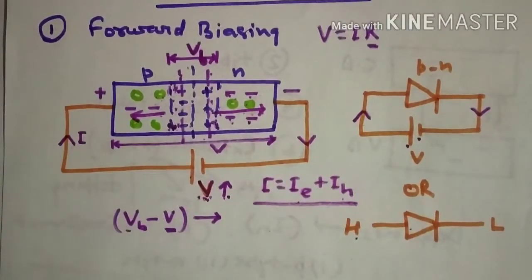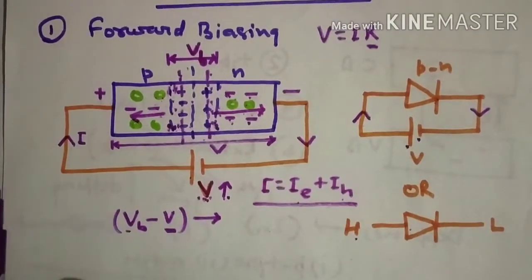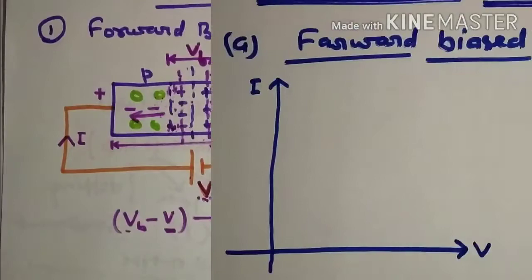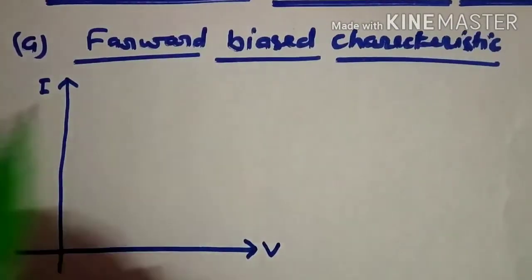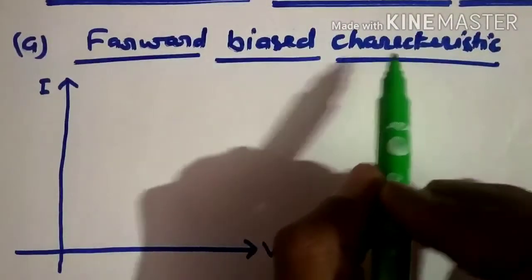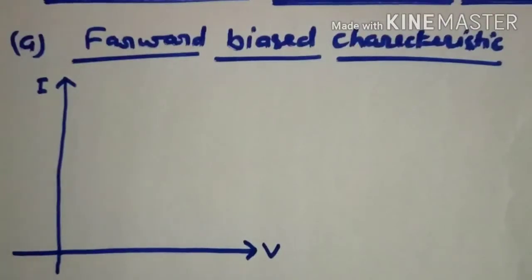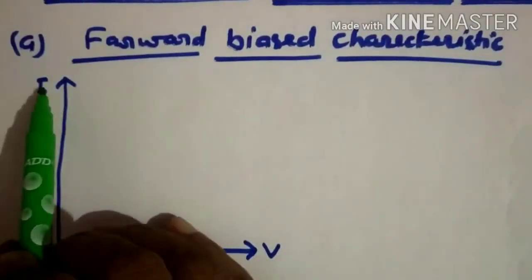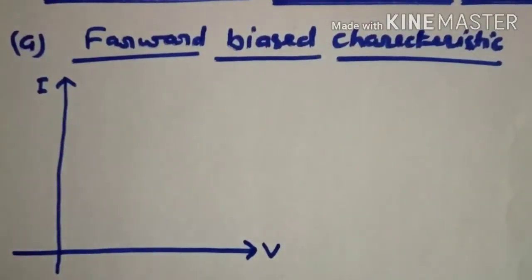That is, now we are going to study the forward bias characteristic of the PN junction diode. The forward bias characteristic of the PN junction diode refers to the variation in current with the voltage when the diode is forward biased.